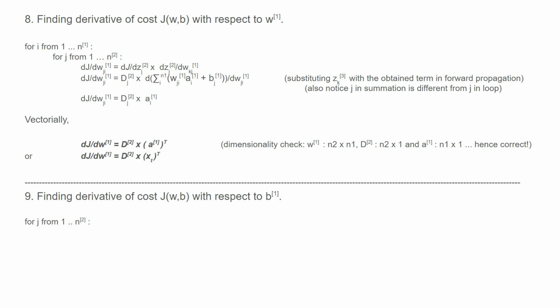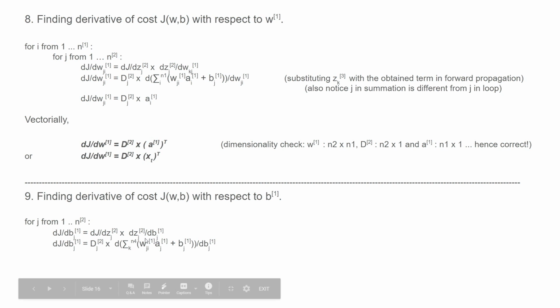Finding the derivative of cost j(w, b) with respect to b1, for j from 1 to n2: dj by dbj1 equals dj by dzj2 into dzj2 by dbj1. Here dj by dzj2 is substituted as dj2, and zj2 is substituted from the forward propagation equations.